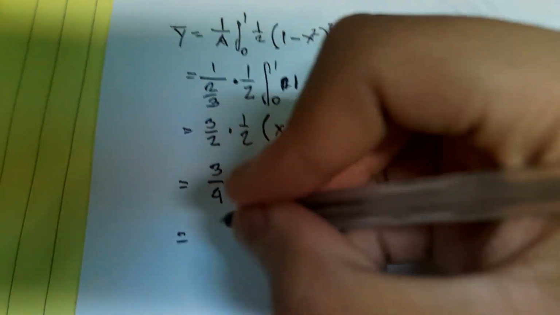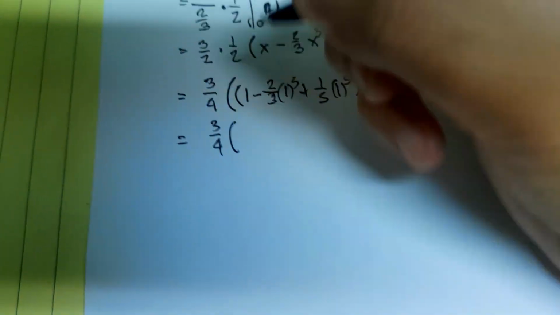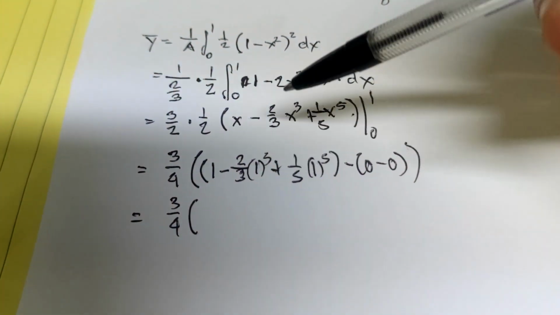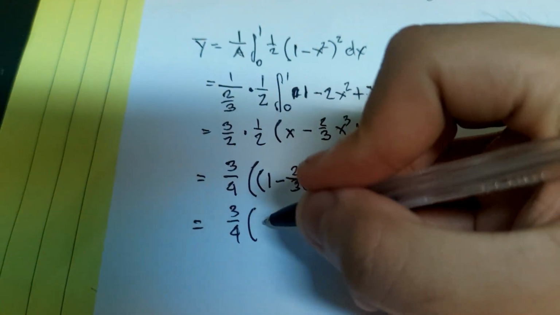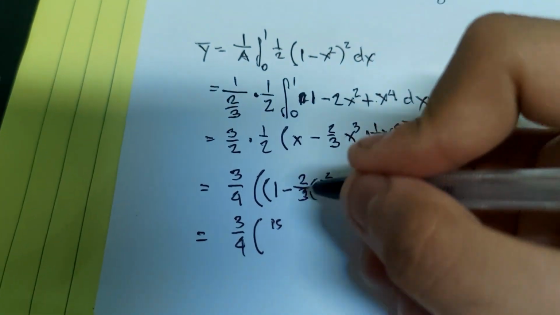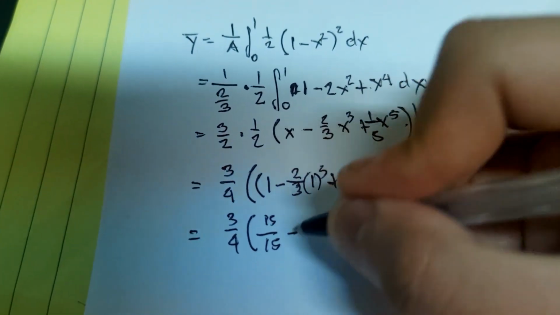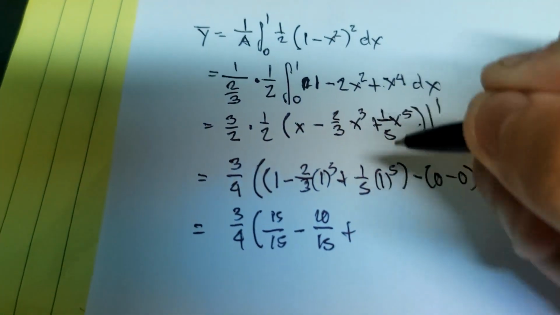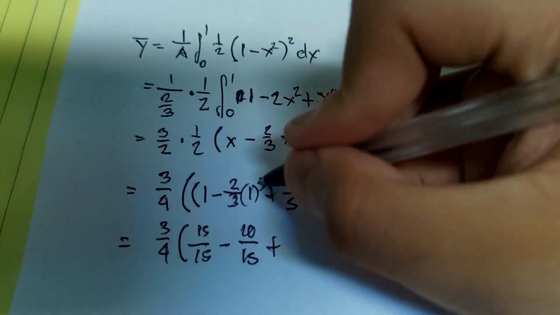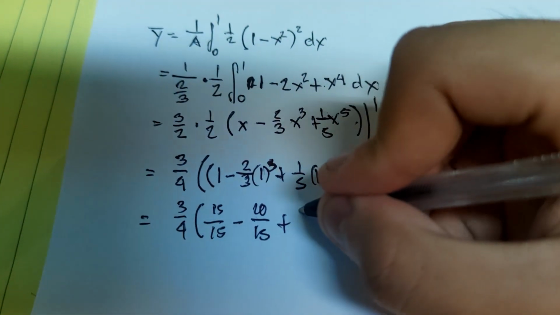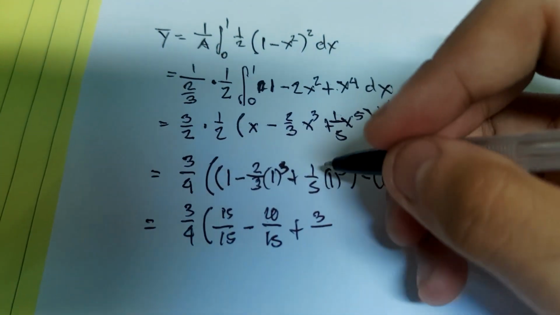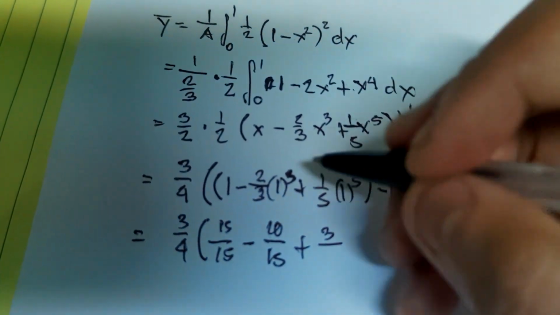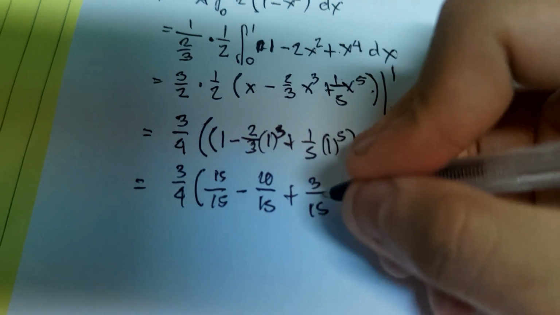So we have here 3/4. We need the same denominator here, so we can multiply by 5 and by 3. So we'll have 5 times 3, which is 15/15, minus 5 times 2, which is 10/15, plus 5 times 3... no, 3 times 1, which is 3, over 5 times 3, which is 15.